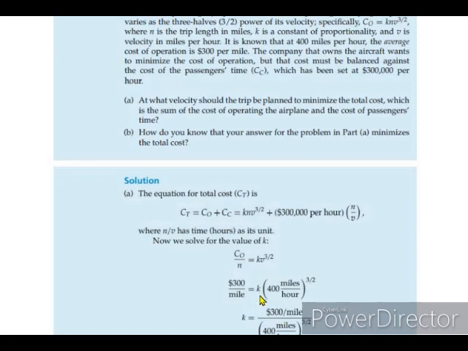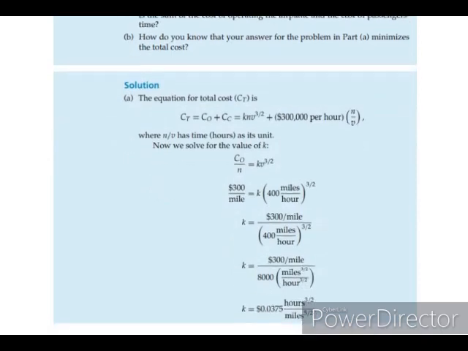So k here is the variable we are trying to solve, while v is the velocity, which is 400 miles per hour as given here, raised to 3 halves. Dividing both sides by 400 miles per hour raised to 3 halves, we now get this.